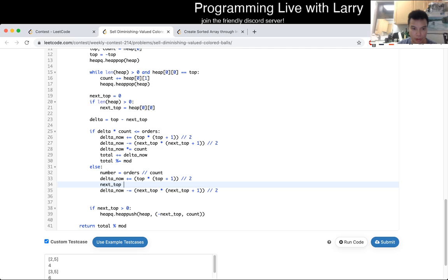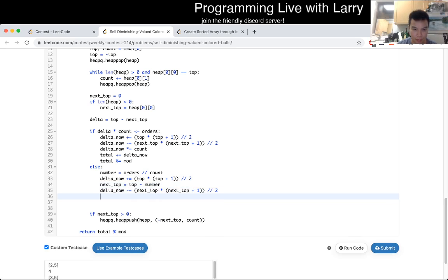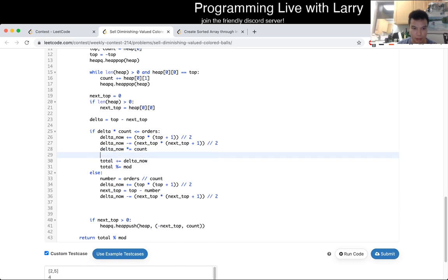Top is equal to top minus number times count.